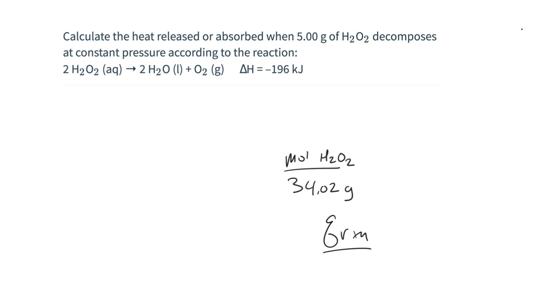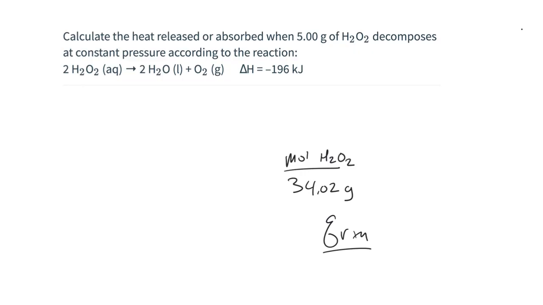So now we can have any quantity of reaction take place. If I have however much mass of hydrogen peroxide is reacting, we just go to moles and then use that ratio of minus 196 to 2 moles. So when you see a delta H of reaction, notice that there's no per mole. It's like 196 kJ, and it's per 2 moles of H2O2, per 2 moles of water, per 1 mole of O2.